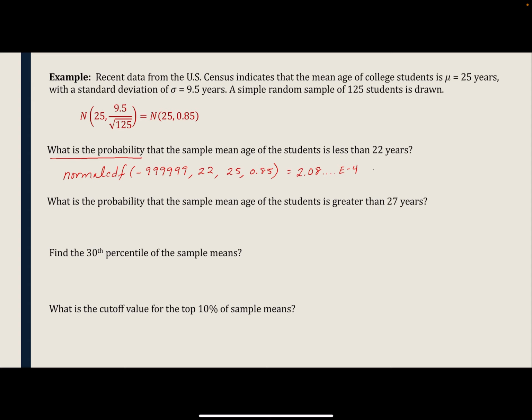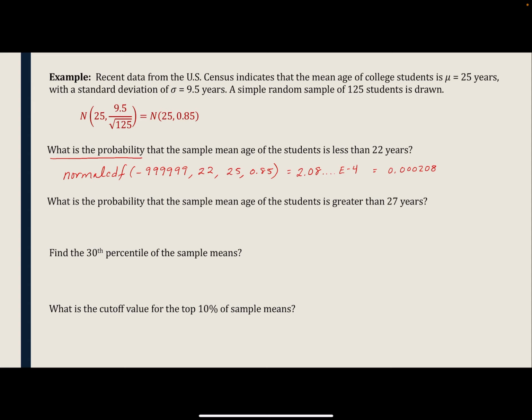So this number is actually 1, 2, 3, and there's the 4th spot that we moved, 0.8. So it's a very small probability, but don't round this to 0. A probability of 0 means there's absolutely no chance that this could happen, but that's not what's happening here. There is a chance, it's just really small.